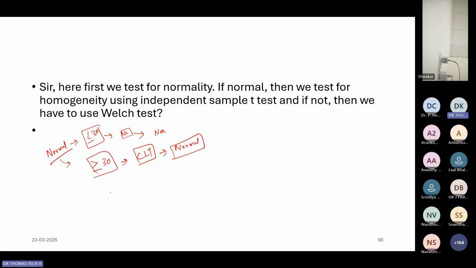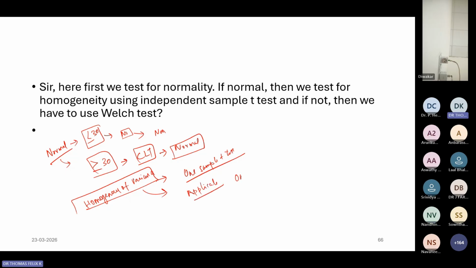On the other hand, some assumptions are by default not applicable. For example, the second assumption is homogeneity of variance. If you are running a one sample t-test, this is automatically not applicable, because we have only one sample.